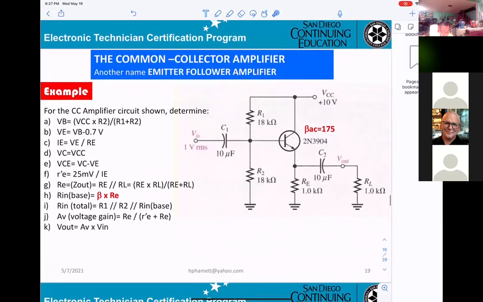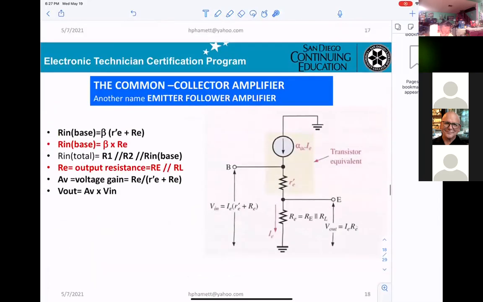Hey, Mr. Pham, what was the deal with the R in base? One of them, they do beta times RE, and the other one leaves the R prime E out. Which one? Look at the formulas.